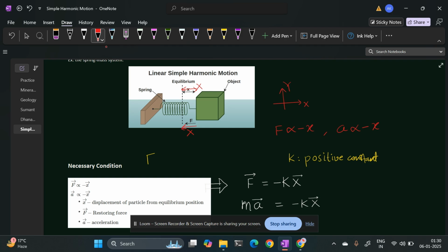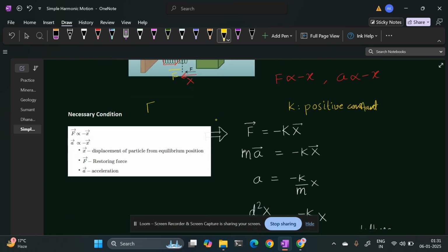Let's suppose after some time this block comes here, and for this the displacement is this one, and now force is in the opposite direction. So we see that force always opposes the displacement.